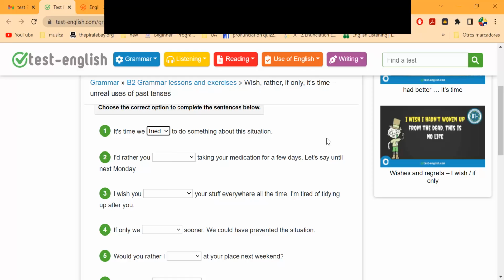Es hora que esto se resuelva. Pero los gringos ocupan el pasado, porque no tienen tiempo subjuntivo. It's time we try to do something about this situation.